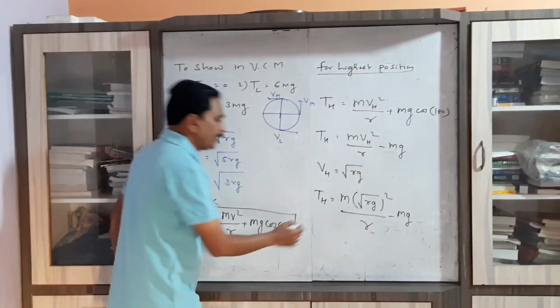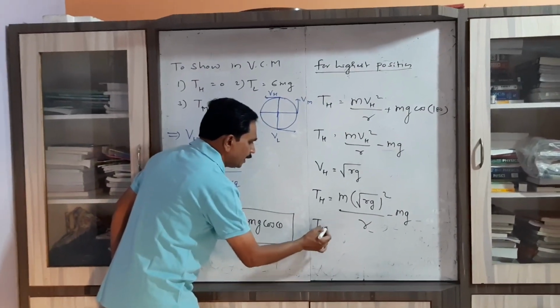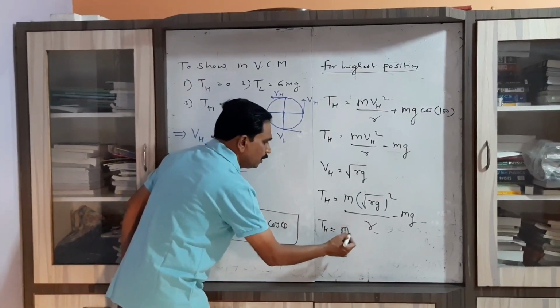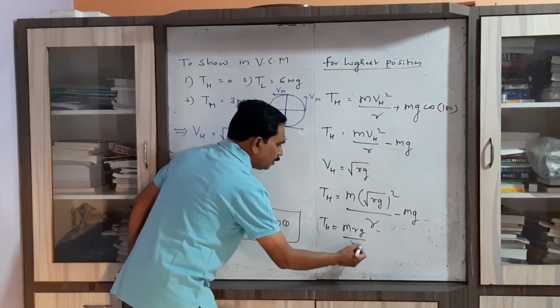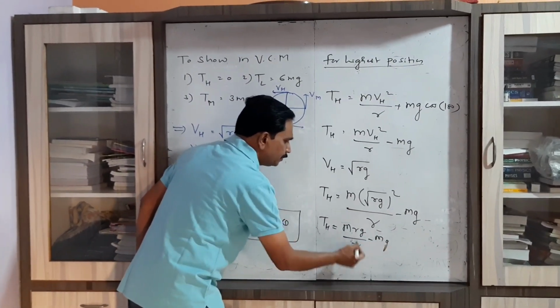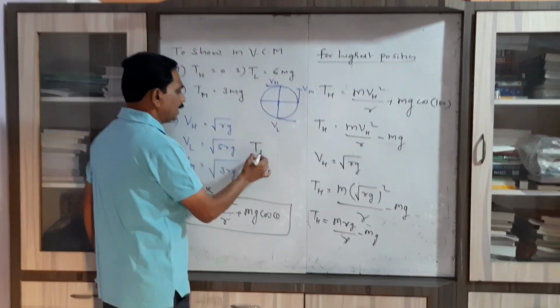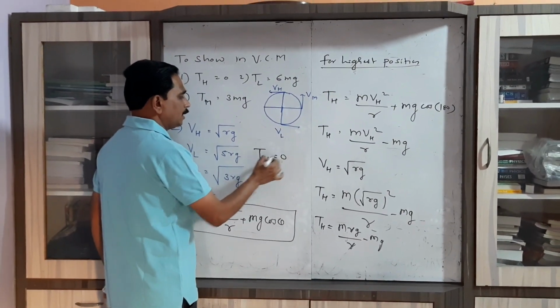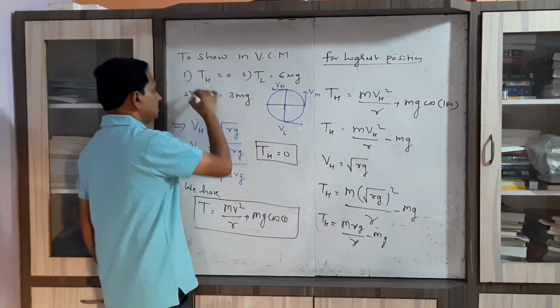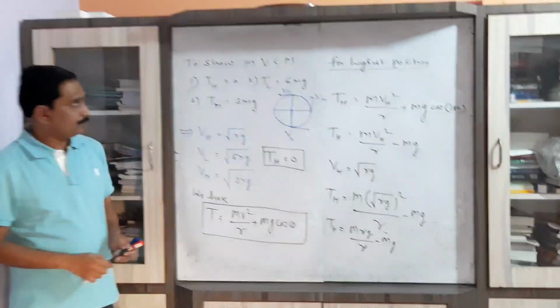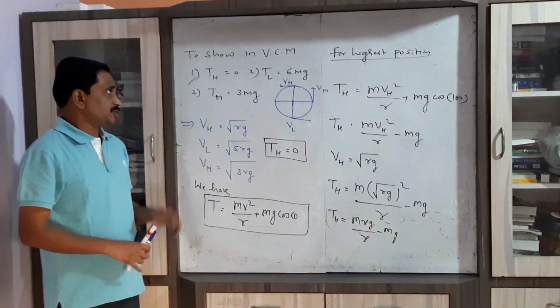Now if we simplify, the tension at highest position equals m r g upon r minus mg. Again cancel r. Therefore the tension at highest position is equal to 0. So this is the first proof of the question.